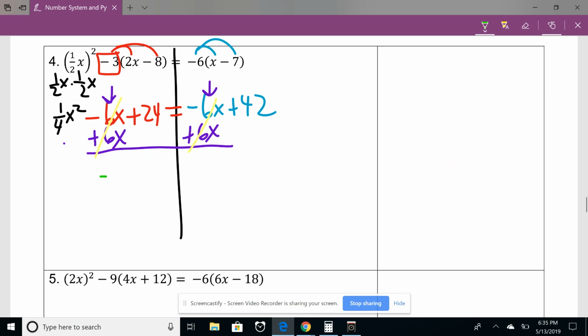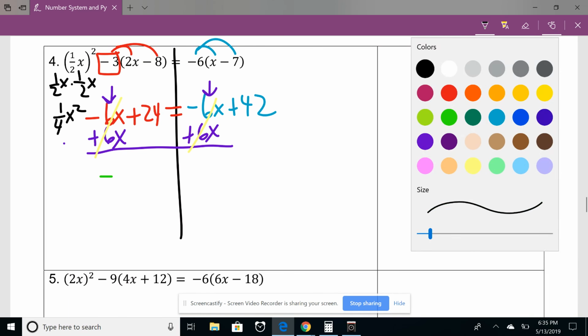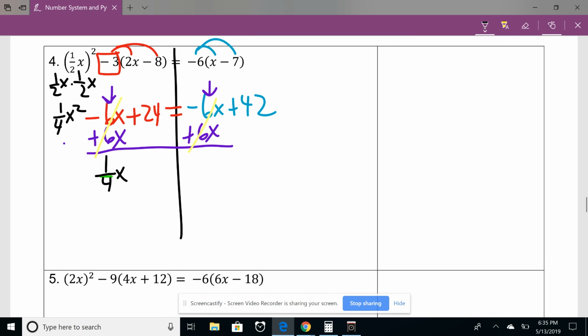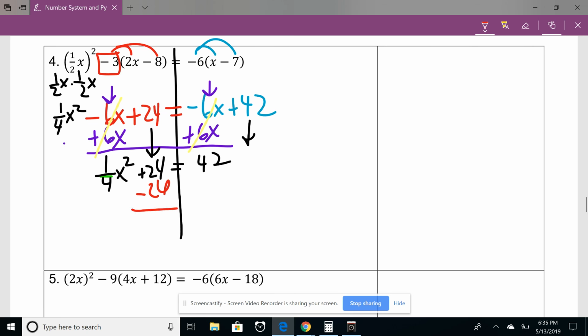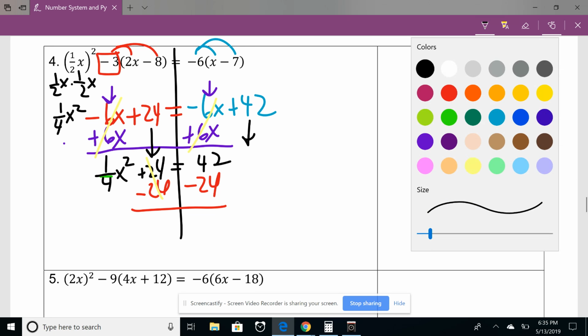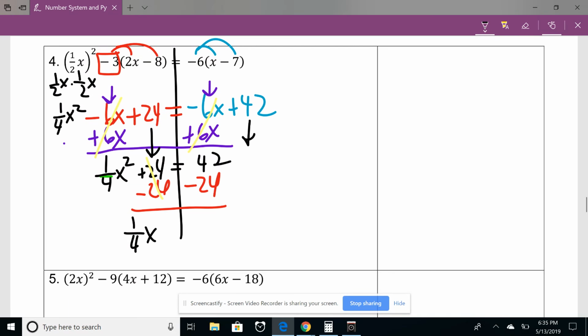So then we have 1/4 x squared. I've got to bring down the plus 24 equals 42. Minus 24 from both sides. So these will cancel. So you get 1/4 x squared is 18.